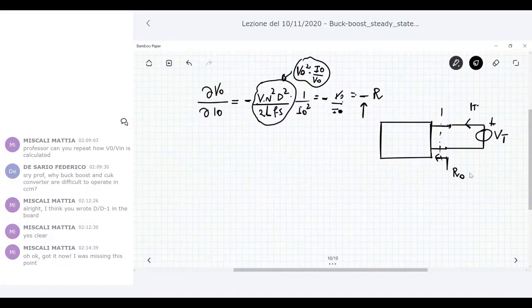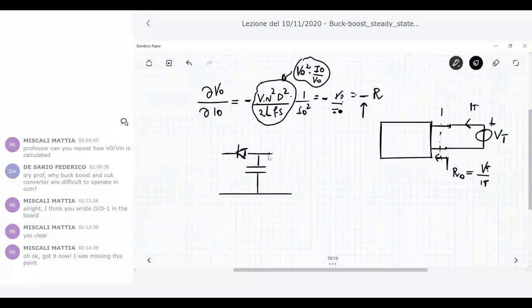Then you have a current with this specific direction, entering the port, which is called IT, and R naught is VT over IT. This is the Thevenin definition to derive the equivalent resistance between any pair of terminals in a linear circuit. But in that specific situation, which is the buck boost, but this happens in all the discontinuous conduction mode topologies, you have the output port, which is this one.